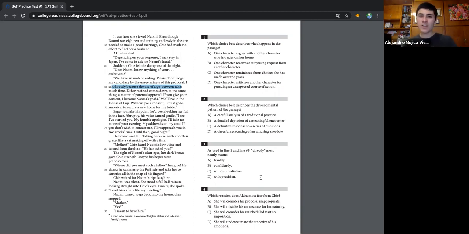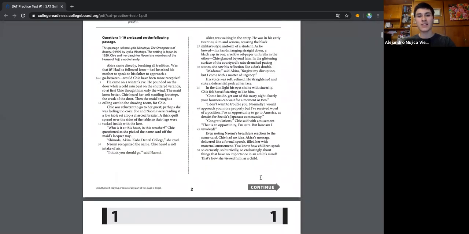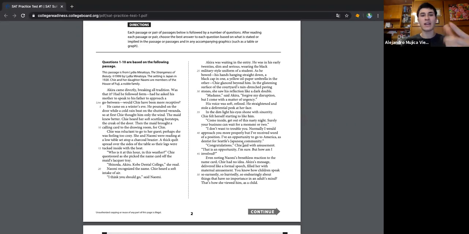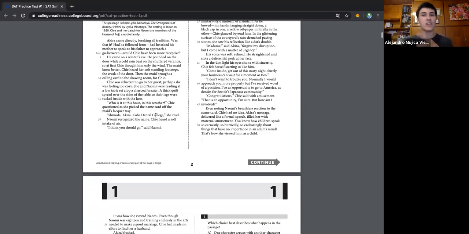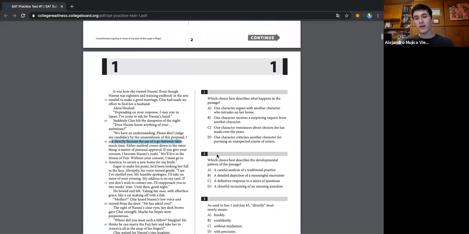Confidently is the one we can most clearly discard, because he really isn't very confident in his approach, because he didn't follow tradition. He's doubting himself. At the beginning he asks, if I had asked it another way, had I followed form, would Chie have been more receptive? He's not really confident.